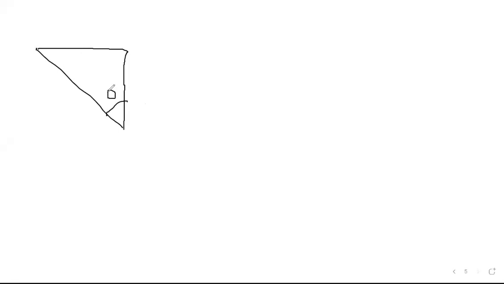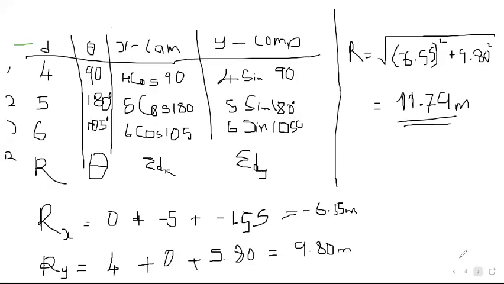Let's call this angle theta. Then we have this as 11.79, then this is -6.55 going in this direction. Then this guy is the y component, which is 9.8.